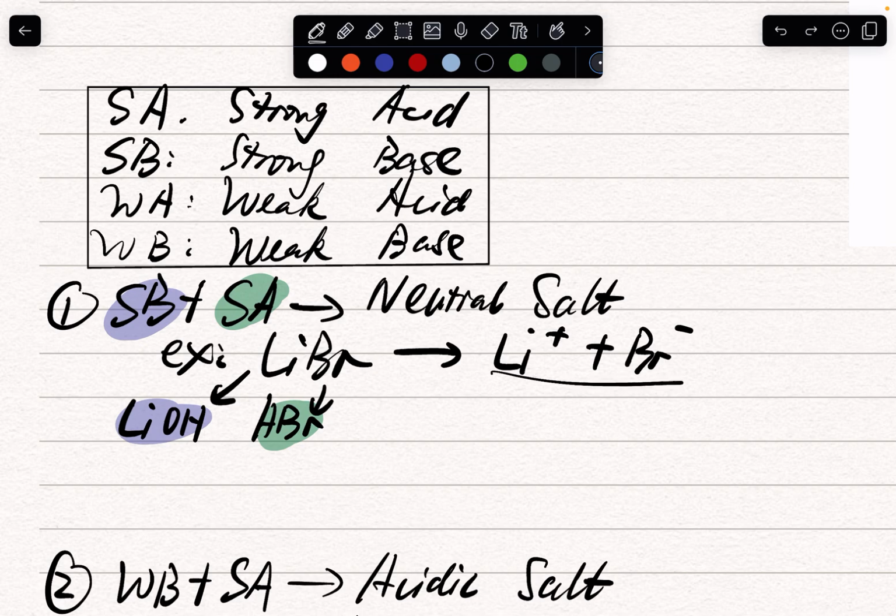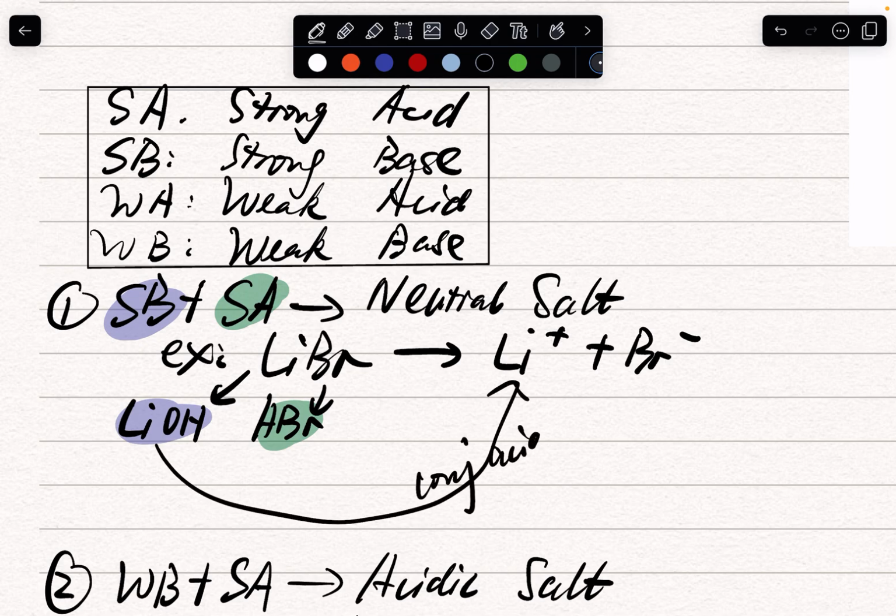Why do I say that they don't have any basicity or acidity? Because you may think that, okay, this is the strong base, and Li+ is the conjugate acid of my LiOH. Then you may think, okay, this will have some acidity? Actually, no, because LiOH is a strong base, and a strong base's conjugate acid is super weak.